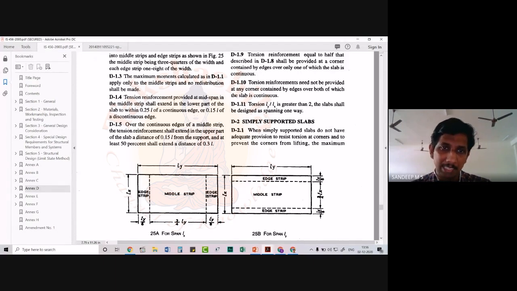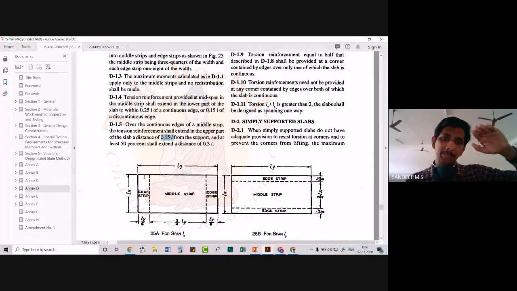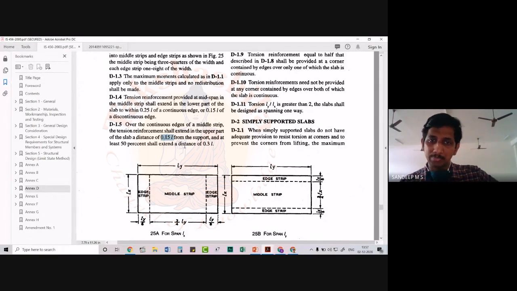In that case, this tension reinforcement should be bent up and projected in the upper part of the slab when we have continuity, through a distance of 0.15 L. After bending it up, it should extend through a length of 0.15 times Ly, say if you are speaking from this side, that too from the support. So suppose I have the support here, I have to extend beyond that through a distance of 0.15 times L.